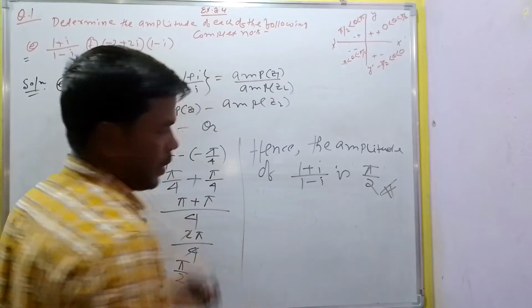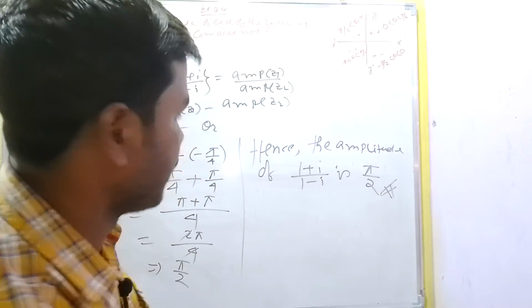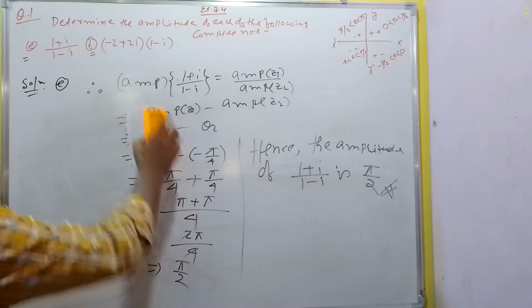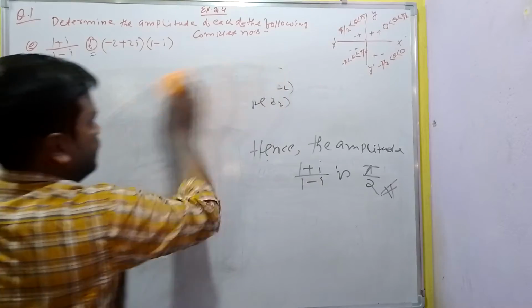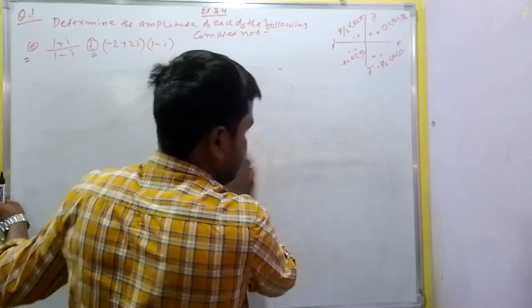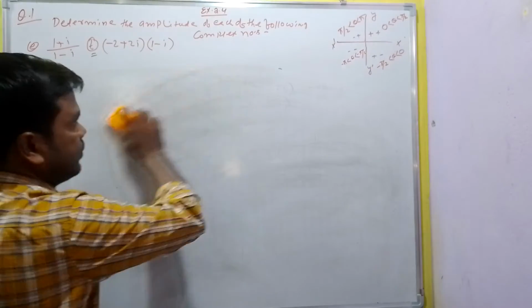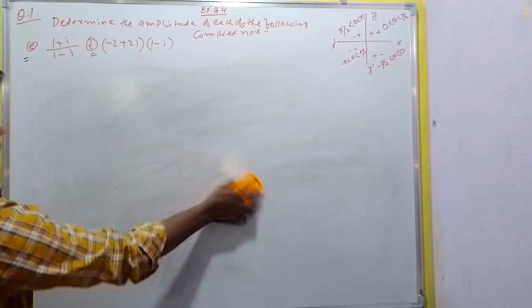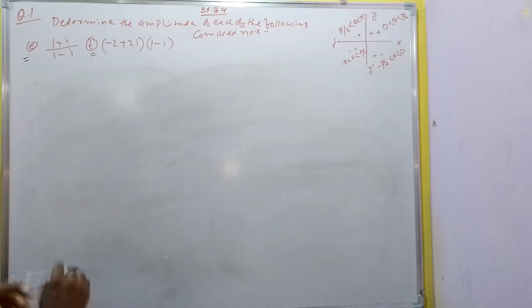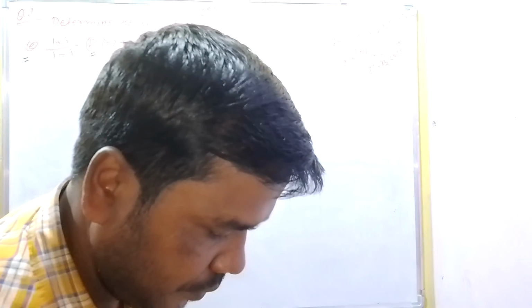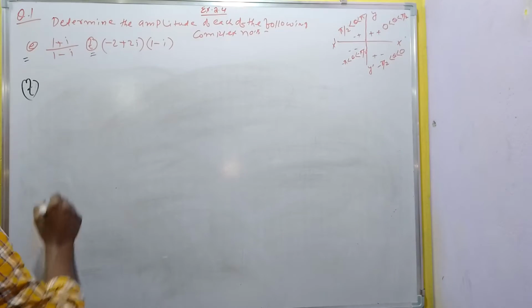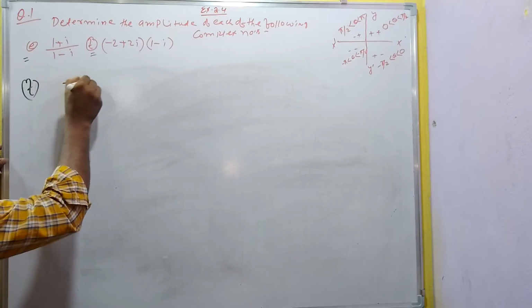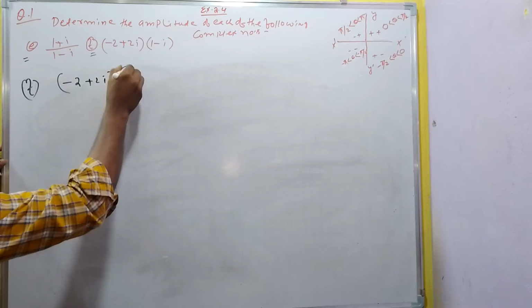This is the answer. Okay, now we have to find question number F. Given that (minus 2 plus 2i) of (1 minus i).